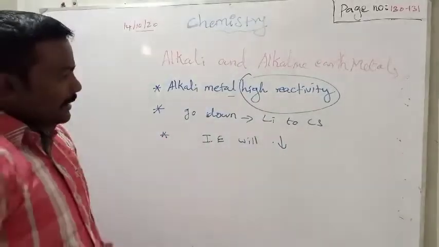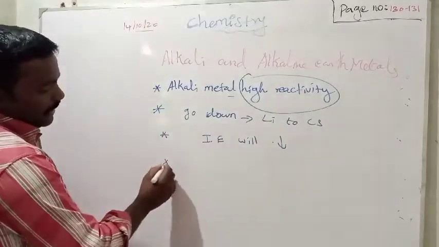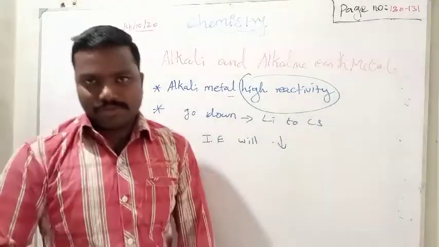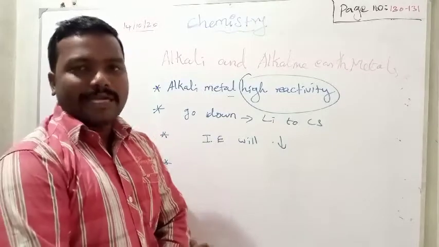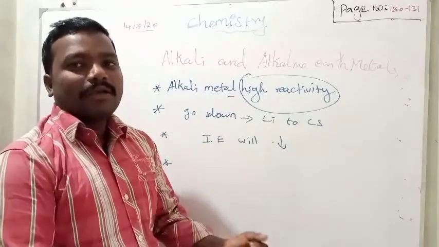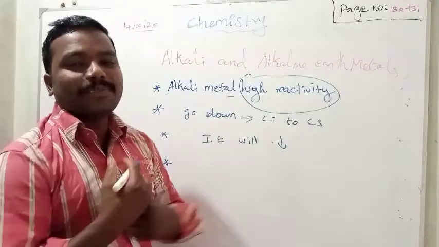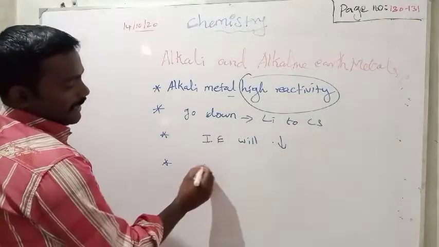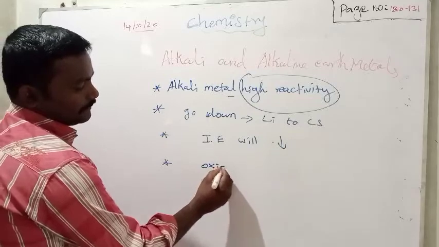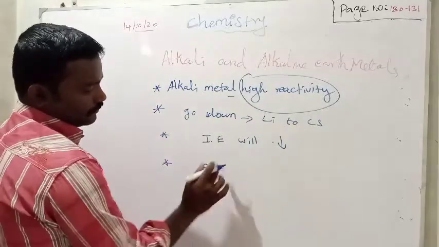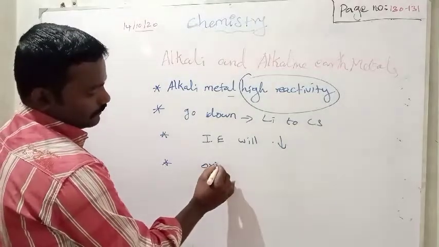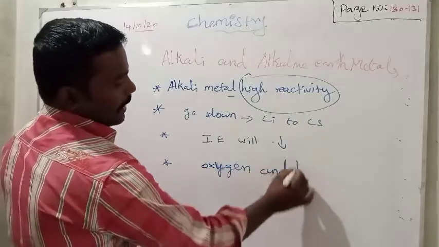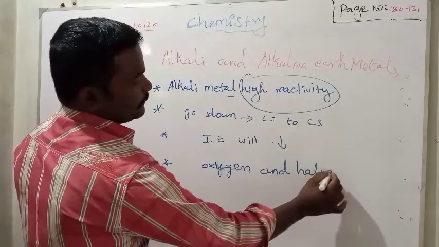Listen, the alkali metals readily react with more electronegative elements. What do we mean by more electronegative elements? Those having the tendency to accept electrons, like oxygen and halogens.